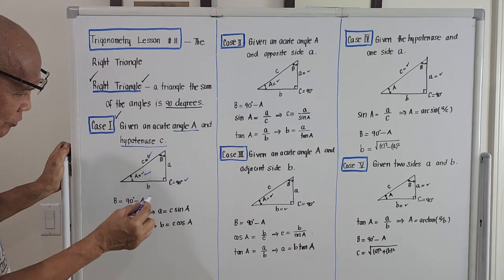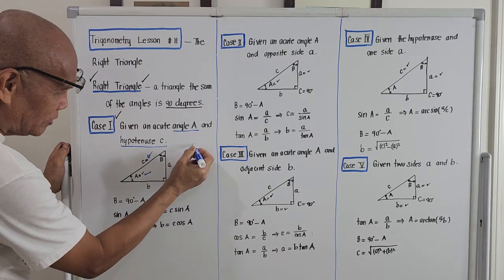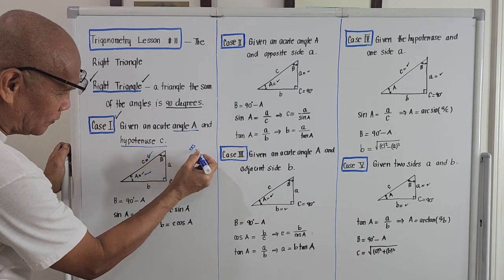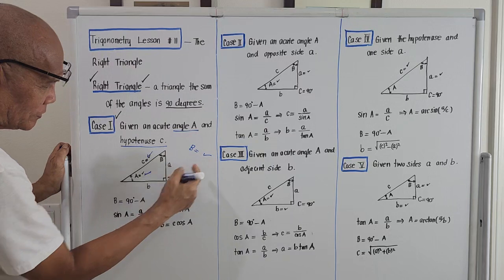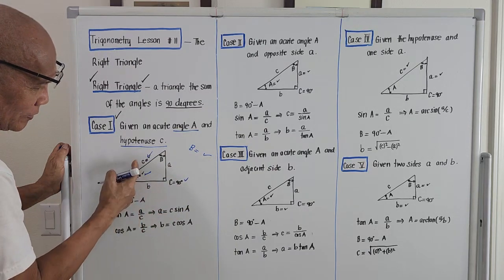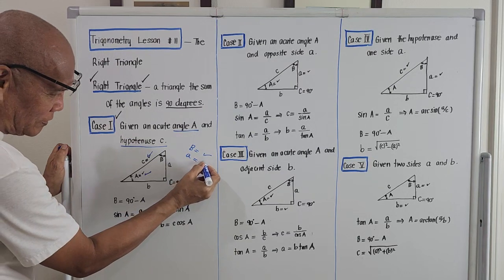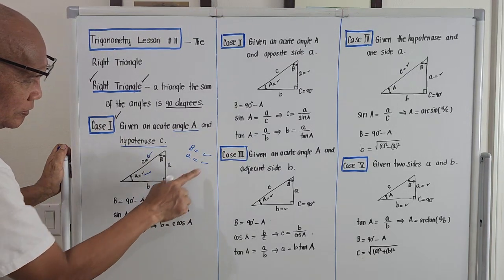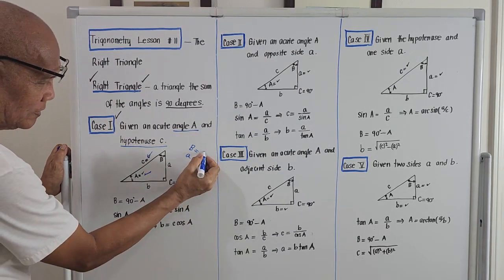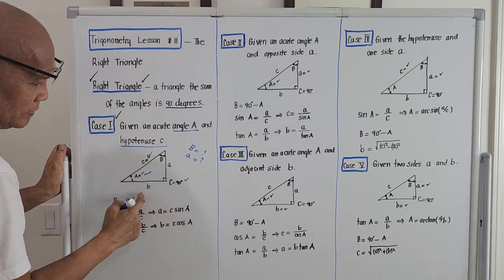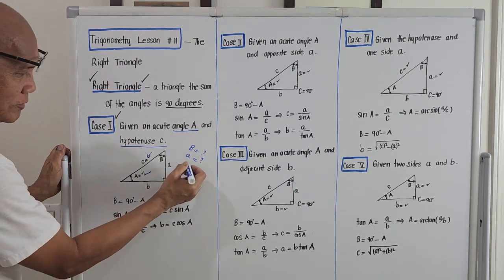So what is being asked is actually, we must compute for the value of B, meaning the angle B inside. We are given the hypotenuse, so opposite side A is unknown, and adjacent side B is also unknown.